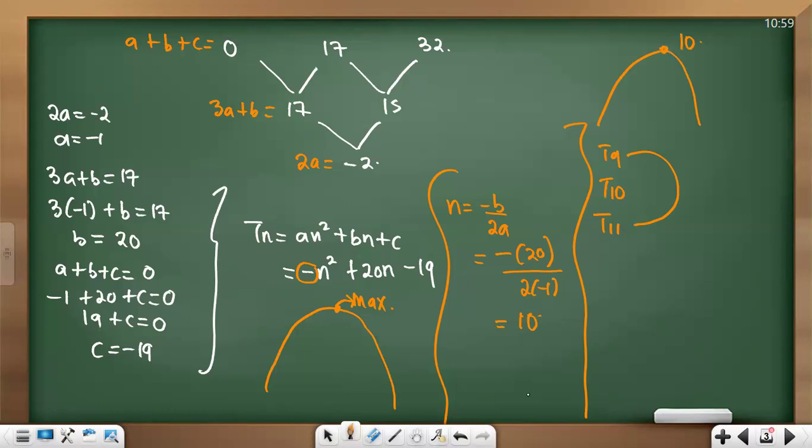If we try to find T9, let's just get T9 first and we'll see where we are going. Where's n? I'm going to put 9 and this will be negative 9 squared plus 20 times 9 minus 19.